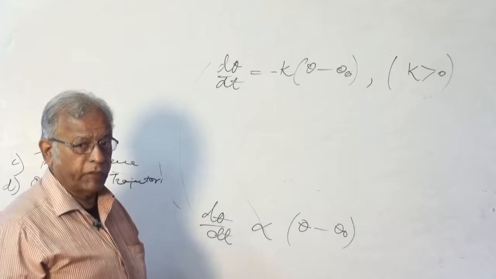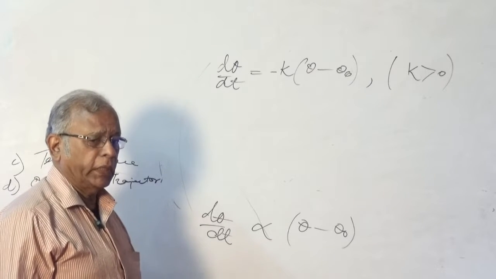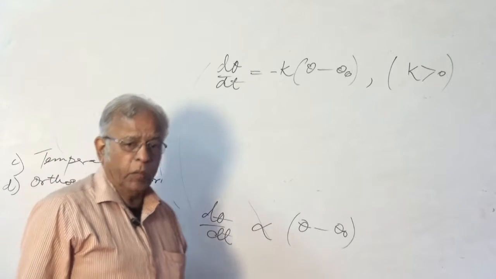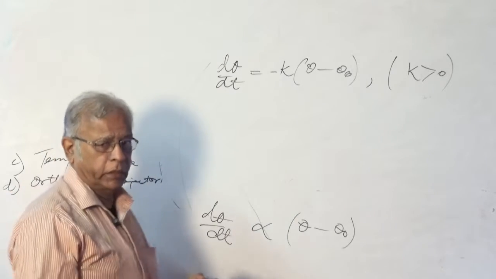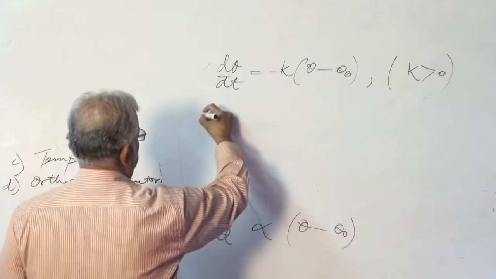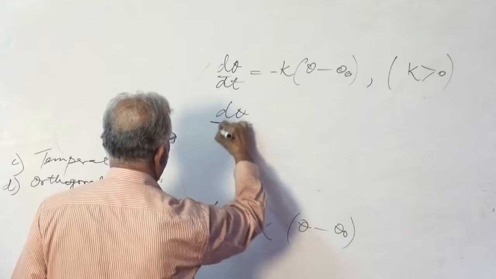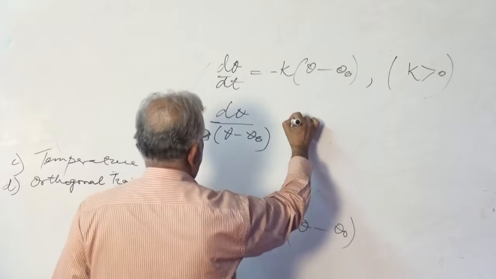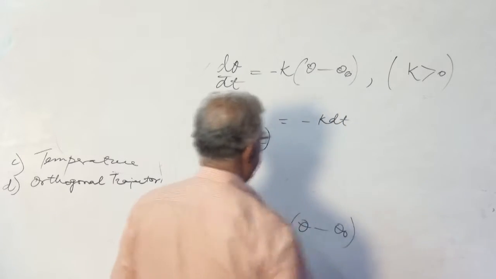Although, of course, in an extended way, Newton's law of cooling can be extended to see how the temperature of colder bodies rises as they are brought into a warmer environment, just the reverse problem. So here what we do is, we write this as d theta divided by theta minus theta naught is minus k dt.